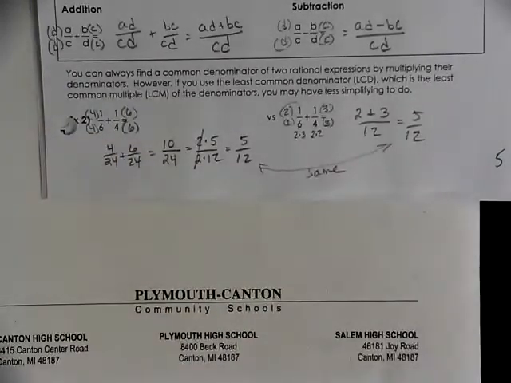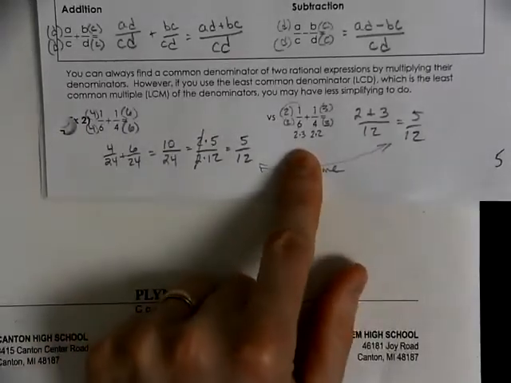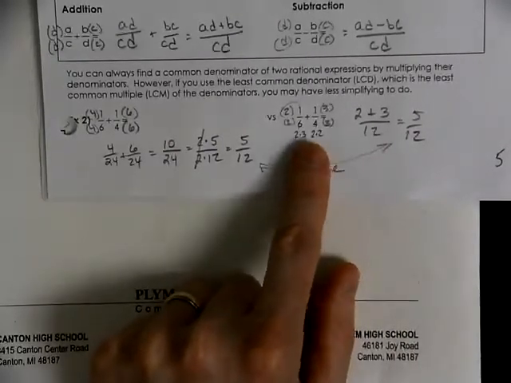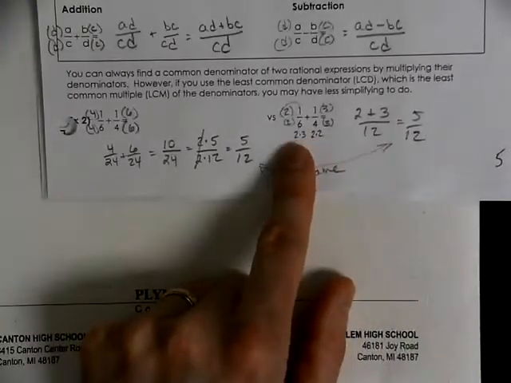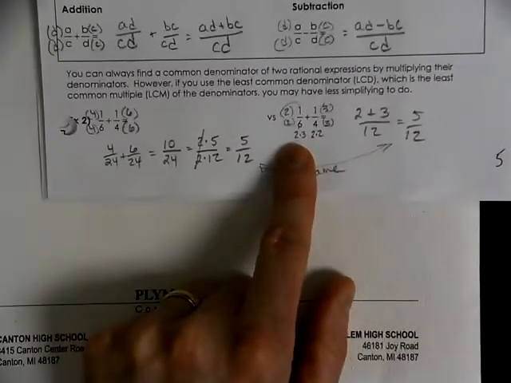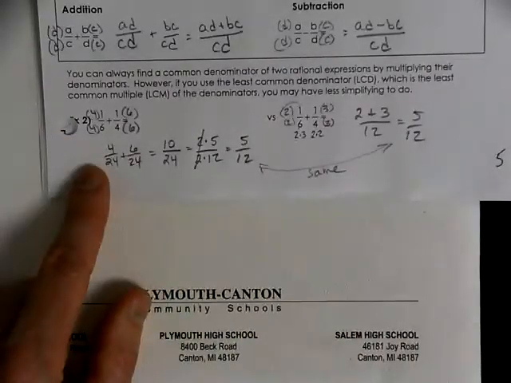We were just a little bit more strategic about what our denominator was going to be. And we only multiplied by the missing. We did what's called the least common denominator rather than just a common denominator.